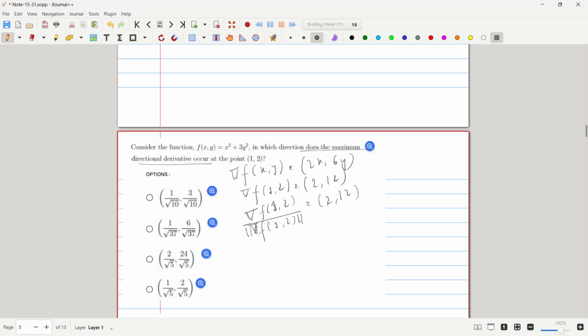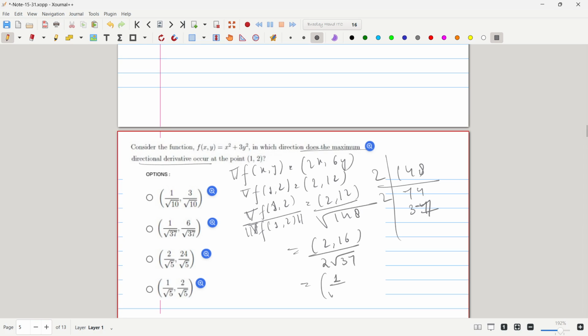So 2 comma 12 divided by root 148. 148 is 4 times 37, so root 148 is 2 root 37.